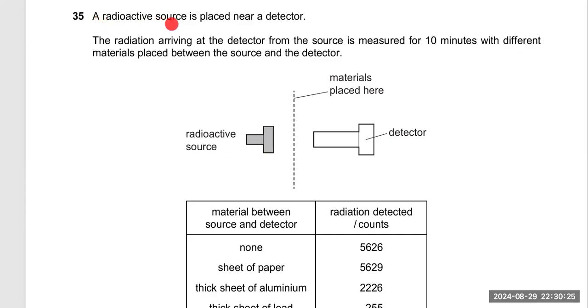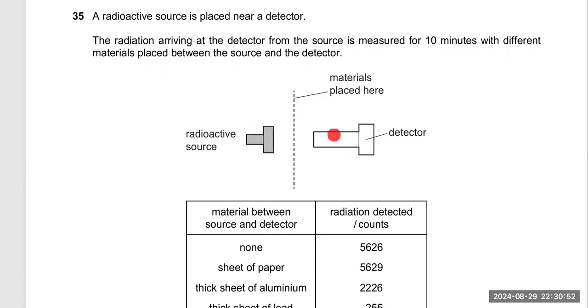A radioactive source is placed near the detector. This is the radioactive source from which different types of radiations are coming out, and the material is placed here, and this is the detector. The detector can detect the radiations coming from that radioactive source. The radiations arriving at the detector from the source are measured for 10 minutes with different material placed between the source and the detector.